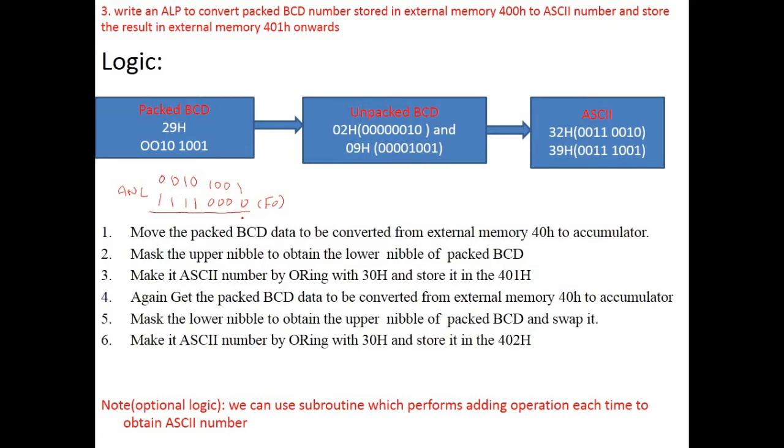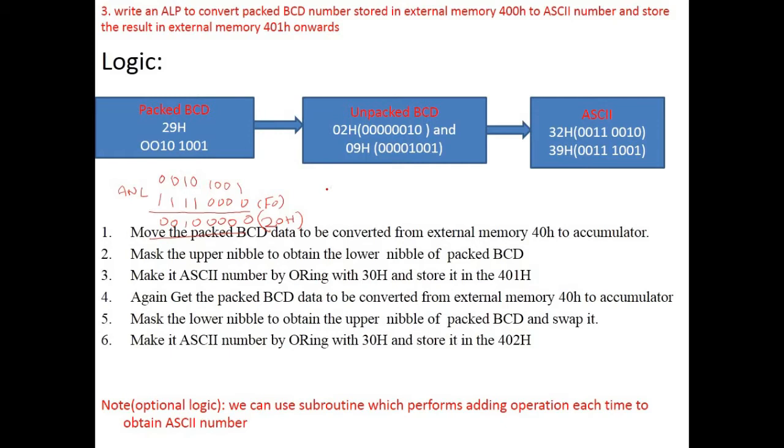Now if we do the AND operation, we get 00100000. So we got 20H. Correct. But actually what we need here is 02H. So we need 02H. What we can do is swap the lower nibble with the higher nibble and the higher nibble with the lower nibble.